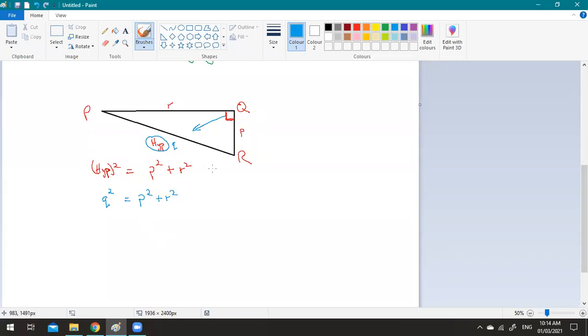What's another way of writing it instead of writing the hypotenuse? Think about it in terms of vectors.